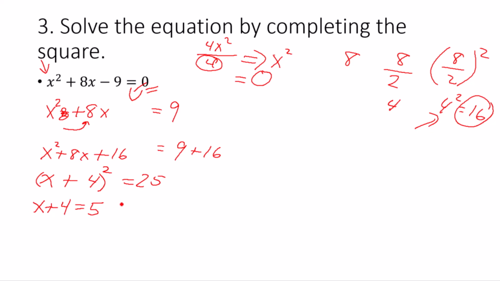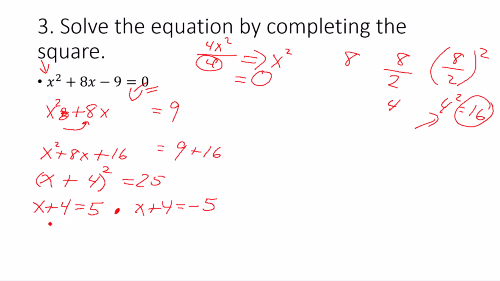As soon as you write down the x plus 4, you might want to remind yourself by writing it twice. That way, when you write the 5 and you have this blank over here, you're reminded that 5 and negative 5 squared to give you 25. Once you've got these two equations written down, solve them independently.